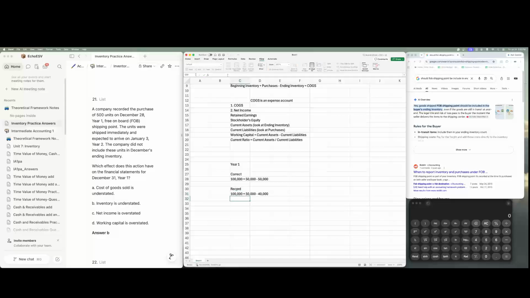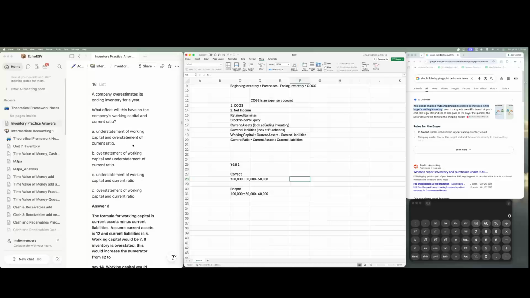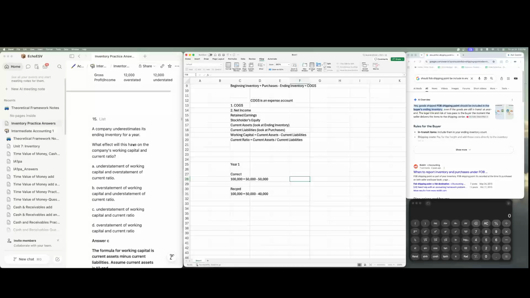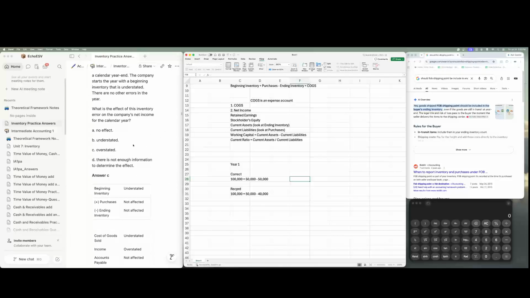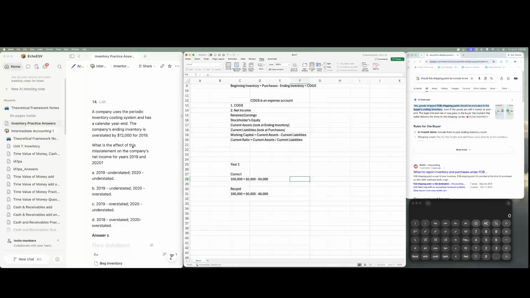So there's two things, consignment and FOB. On consignment, they should not be recording it for purchases or ending inventory, and for FOB they should be recording it for purchases as well as ending inventory.